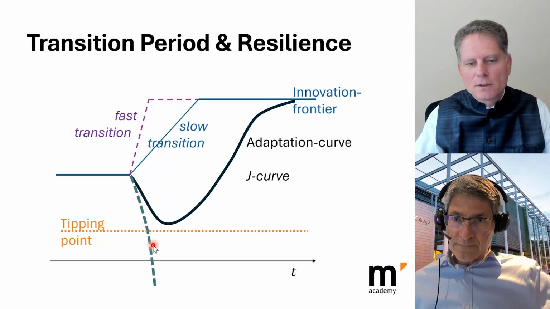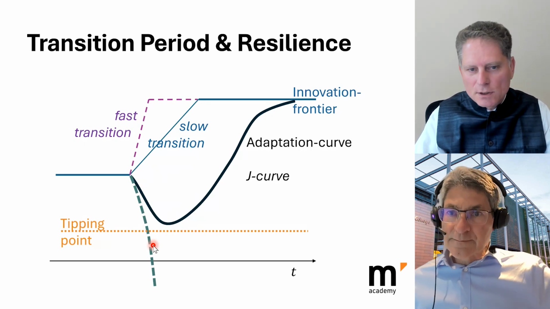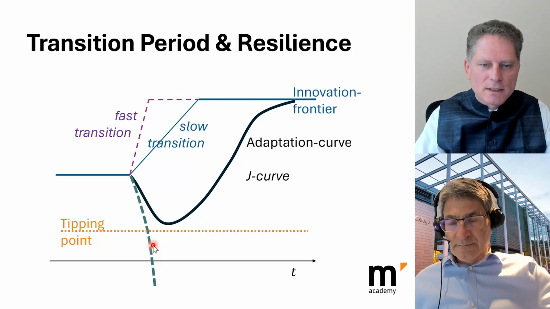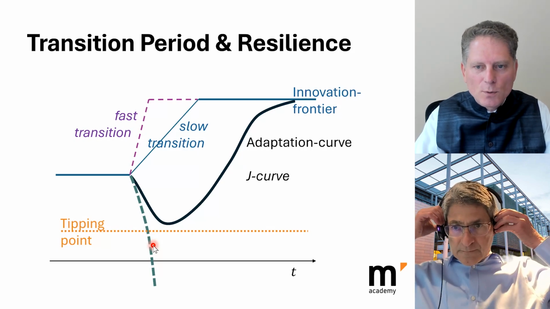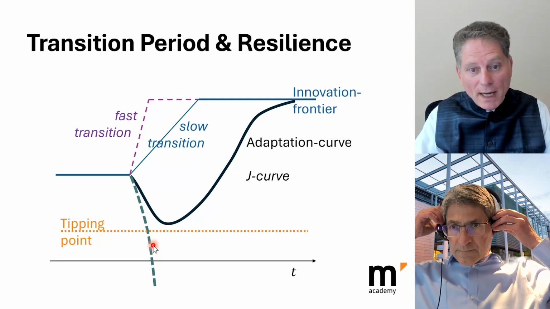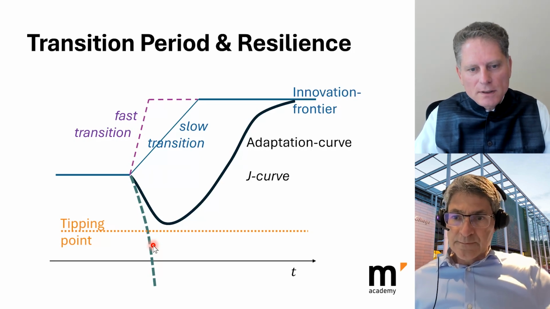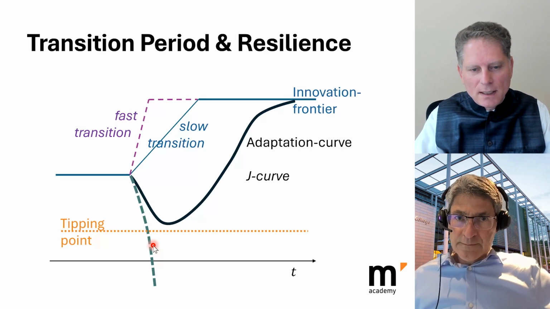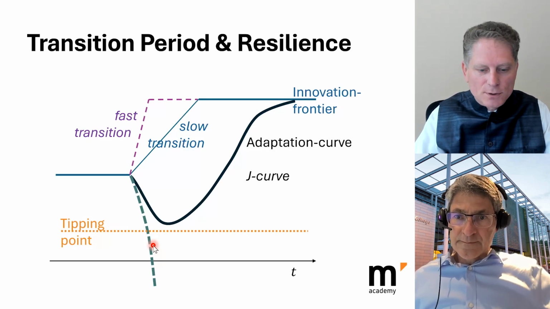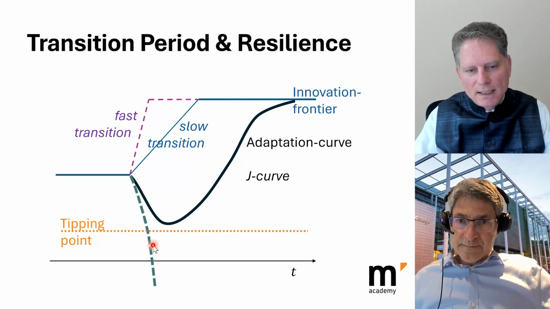So that's where the concept of resilience comes into place, while the slow transition actually comes with a resilient structure where you bounce to the new higher frontier, you come back and go even better than you started out with, while in the fast transition, it might happen that you hit a tipping point, and then the whole system might derail, our society might even derail, or the economy might derail.